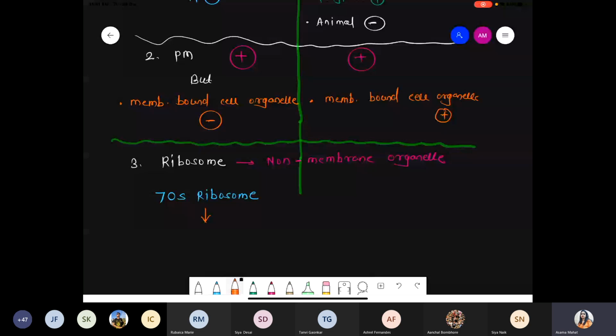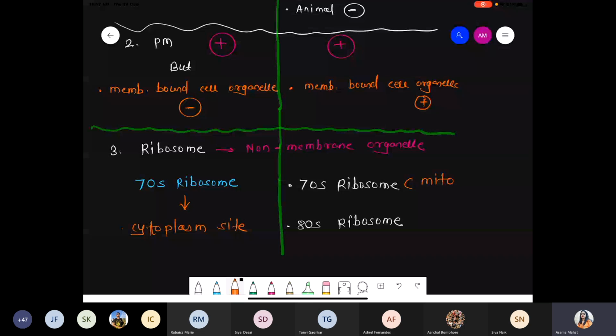But when you compare this point with the eukaryotic system, in case of the eukaryotic system, 70S type of ribosome is also present, as well as 80S type of ribosome. Both types of ribosome are present in the eukaryotic system. 70S type of ribosome is associated with two organelles: the powerhouse of the cell, mitochondria, and the other organelle, chloroplast.